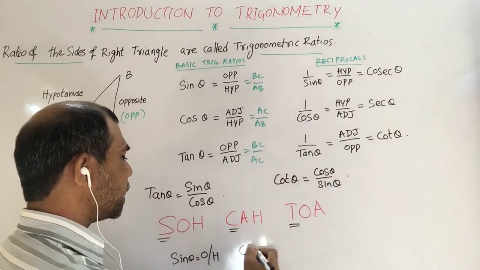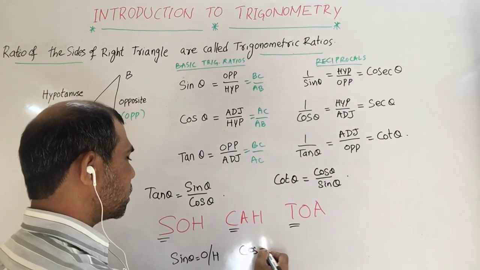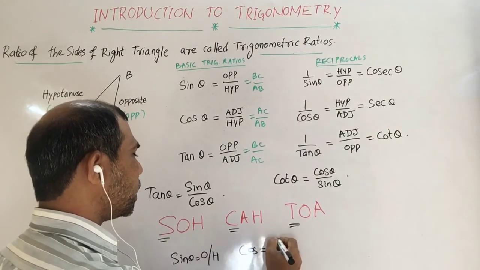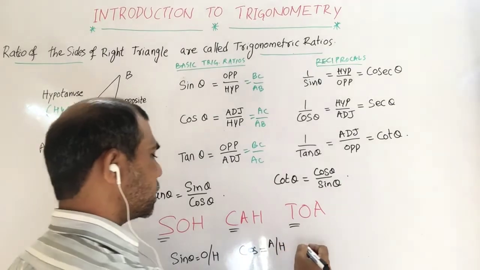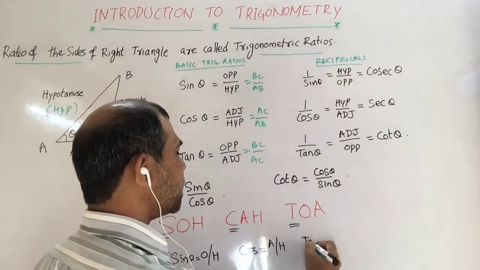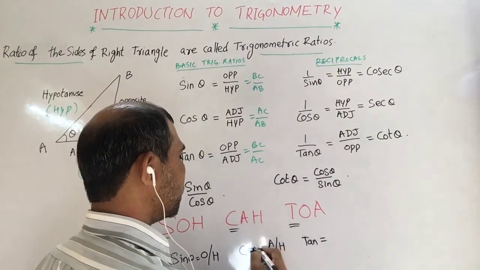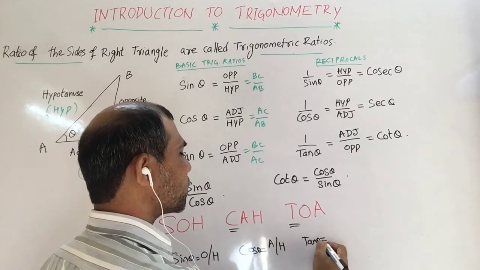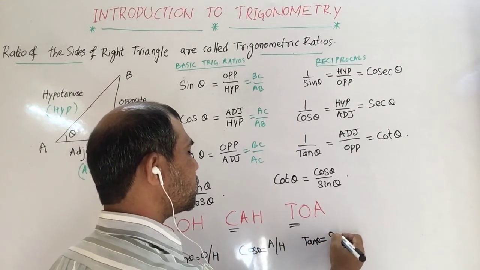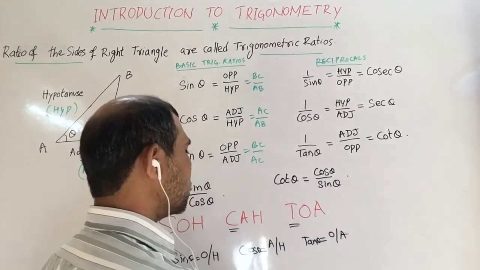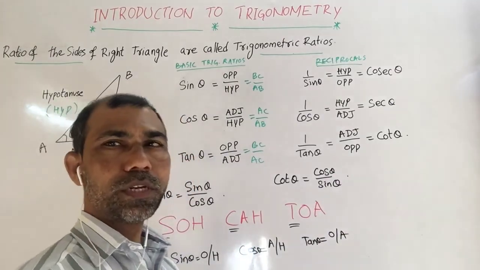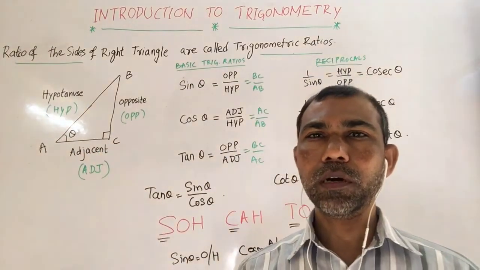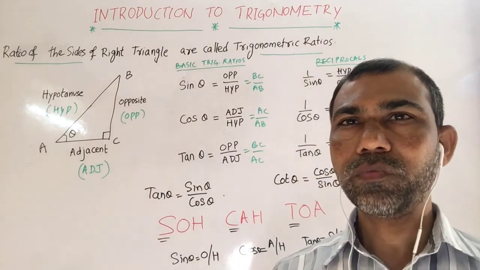Cos is equal to adjacent over hypotenuse. Tan theta is equal to opposite over adjacent. Using this basic trick, you can remember all the trigonometric functions.